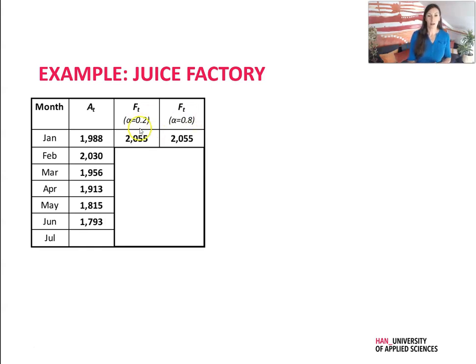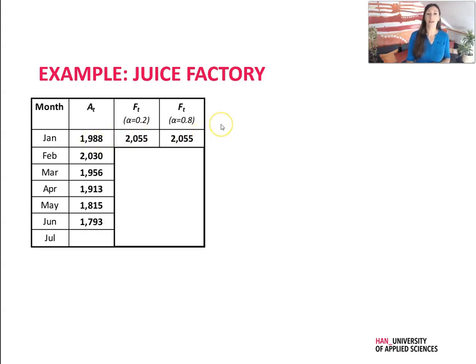We're going to calculate two exponential smoothings, one with an alpha of 0.2 and another with alpha 0.8, so we can see how the forecast changes depending on alpha. In both cases, January's original forecast was 2,055 units, and what we actually sold was 1,988. So we definitely over forecasted, right? The sales didn't come out as high as we hoped.